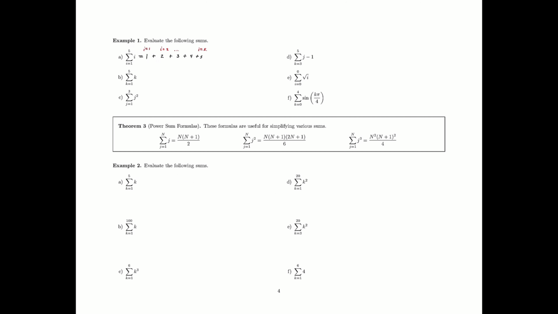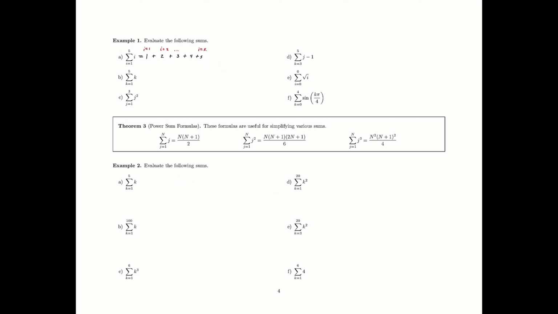We could have something like the sum from I equals 1 to 5 of I over 2, in which case this would be 1/2, plus 2/2, plus 3/2, and so on. So the index values will always be whole numbers, but whatever you get once you plug it into the expression can be practically anything.